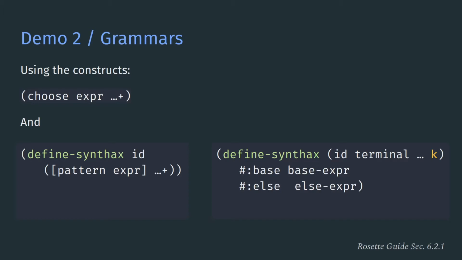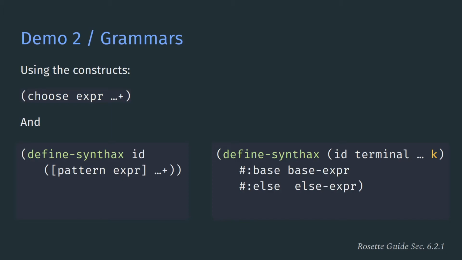In a second demo, we will see how to define grammars for the expressions. The most basic is the double question mark in parentheses that we saw in the previous demo. Another possible construct is the choose operation, which allows us to define a choice of different possible expressions. And then there are two defined-syntax macros.